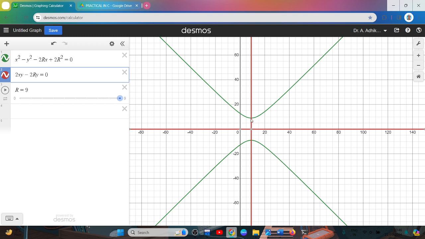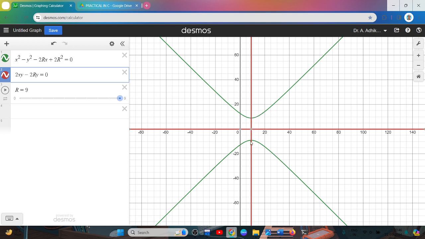So the intersecting point of these two curves, the green curve and the red curve, is the point (9, 9). So the root is 9 plus 9i.